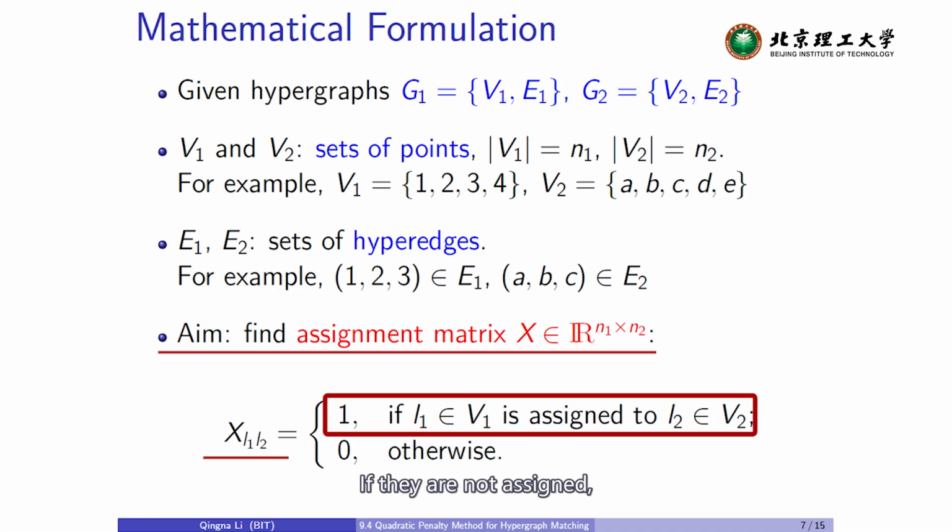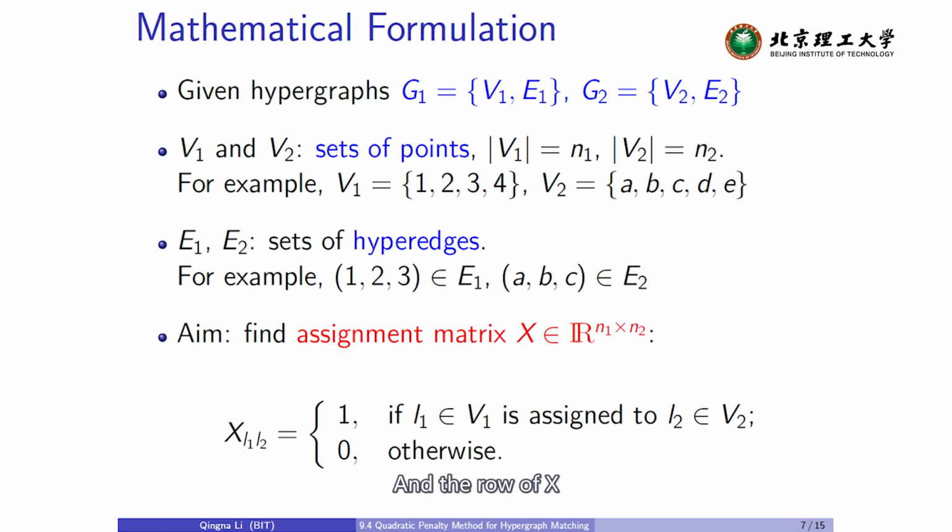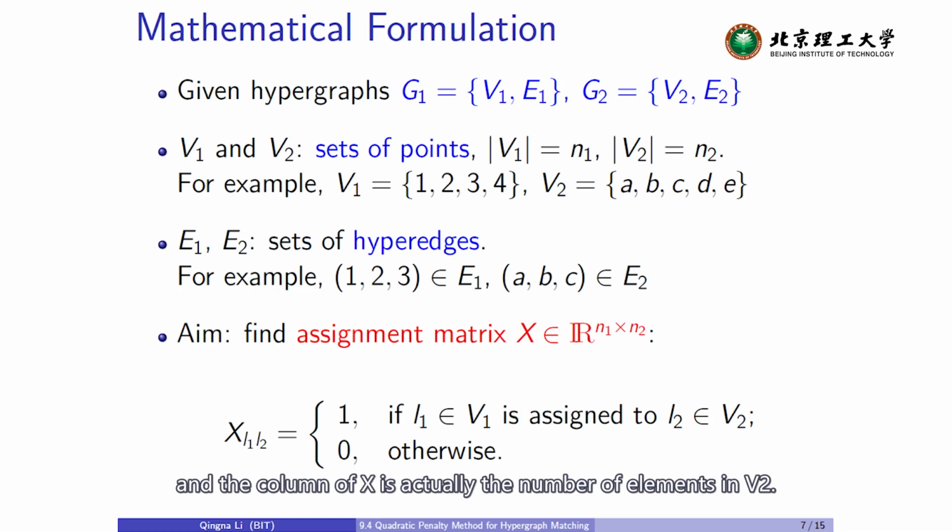If they are not assigned, then it is 0. In other words, to measure the assignment, we introduce an assignment matrix X, which is either 0 or 1, where the number of rows of X is the number of points in V1, and the number of columns of X is the number of elements in V2.